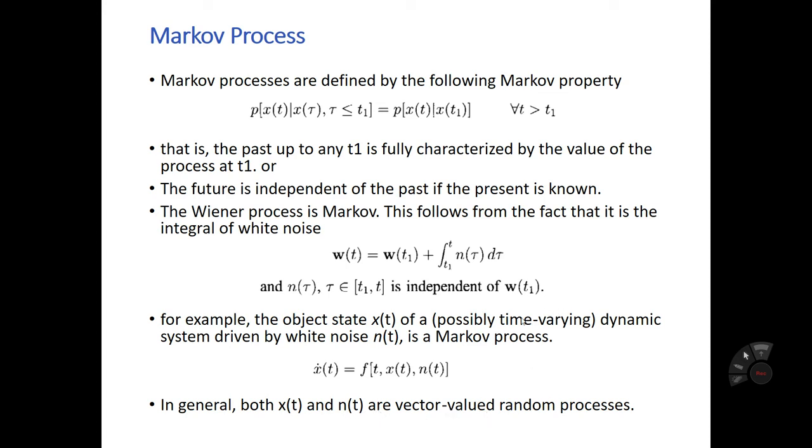Normally, we add white noise in the object state, and we add the linear process W noise in the sensor measurement. Sensor measurement means suppose the sensor receives a measurement from the object.